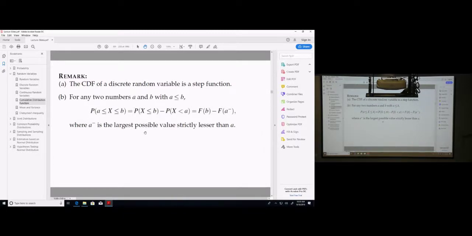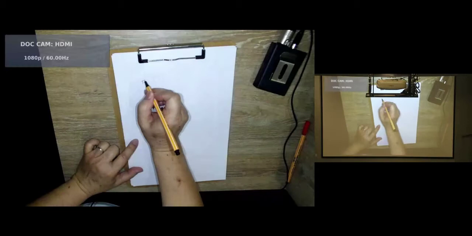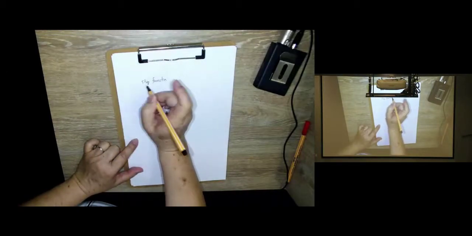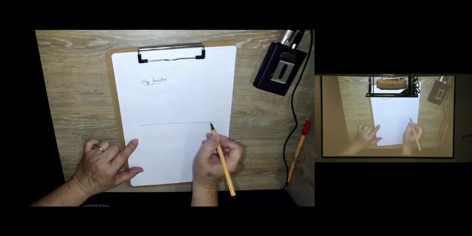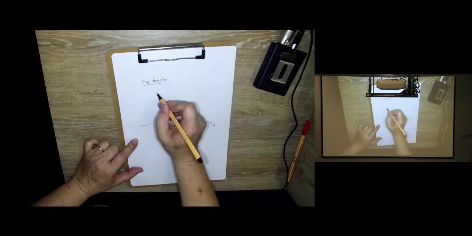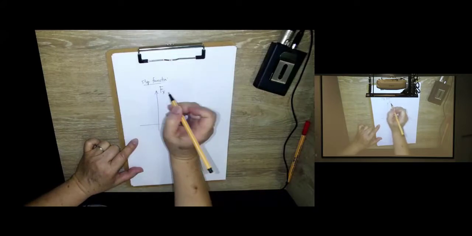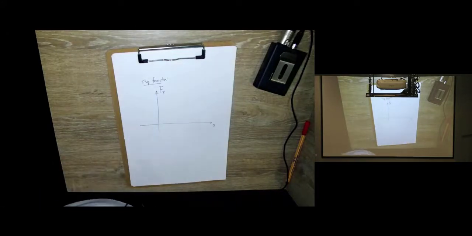The cumulative distribution function of a random variable is a step function. What do we mean by step function? This is a particular step function. The y-axis is the cumulative distribution.